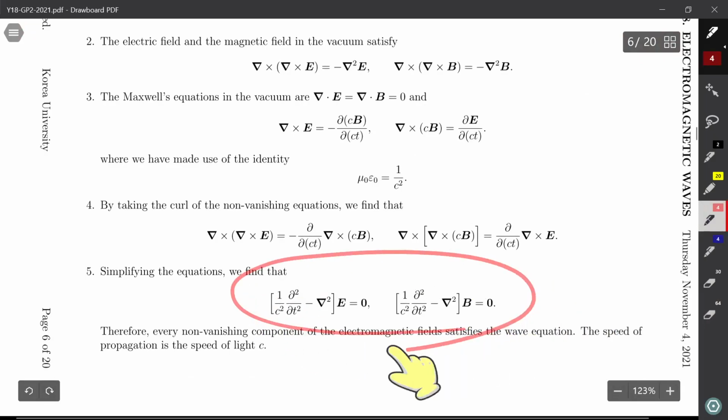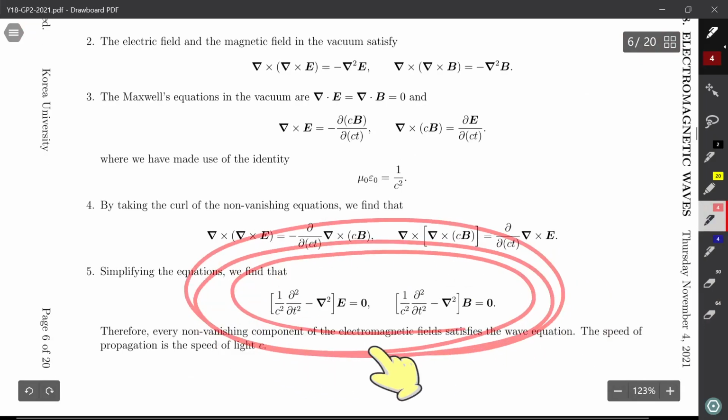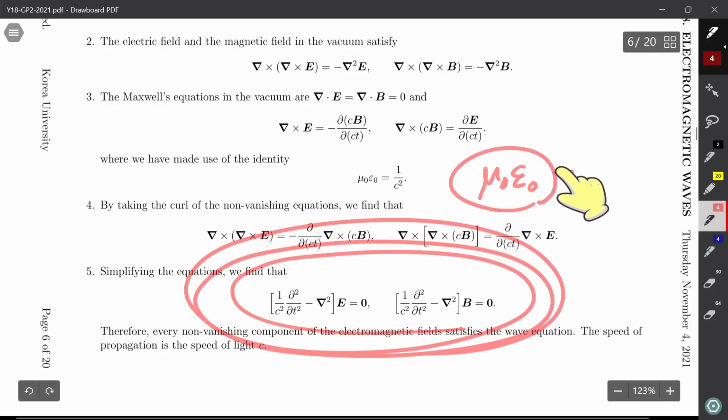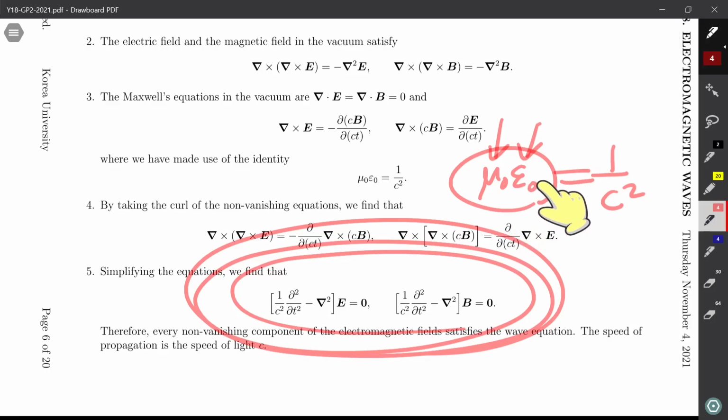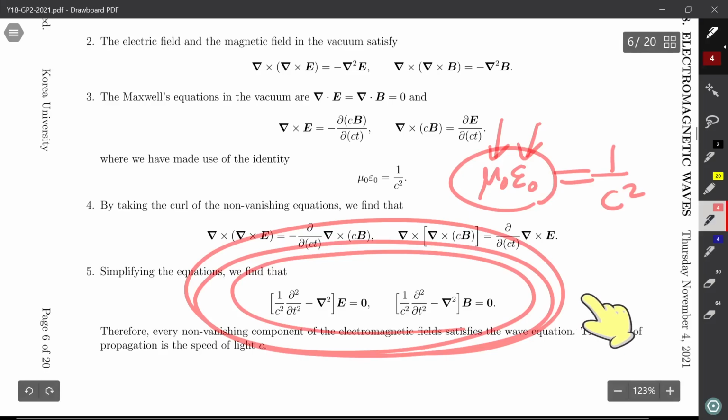Finally, electric field and magnetic field satisfy the wave equation, and actually this was u0 epsilon 0. Maxwell found that the product of these numerical values for the permeability constant and permittivity in the vacuum is approximately, at the level of accuracy available at the time, 1 over speed of light squared. So electromagnetic field travels with the speed of light.